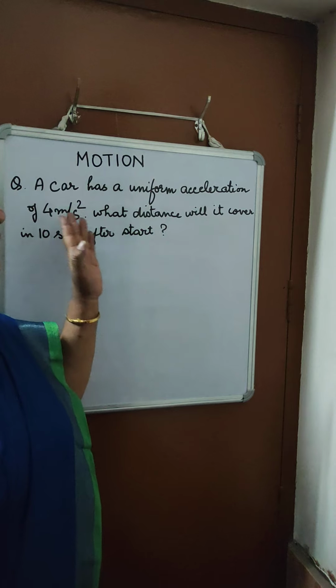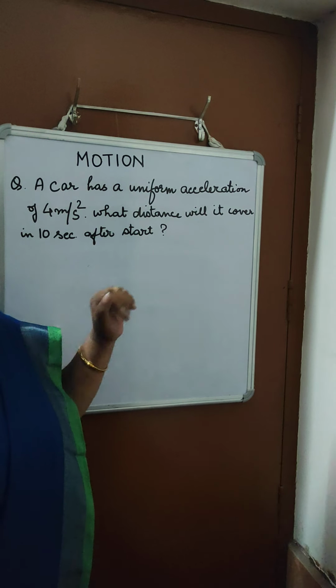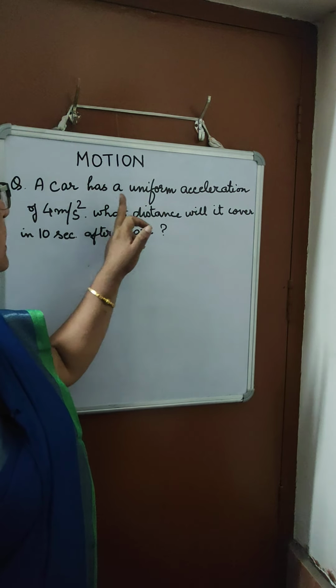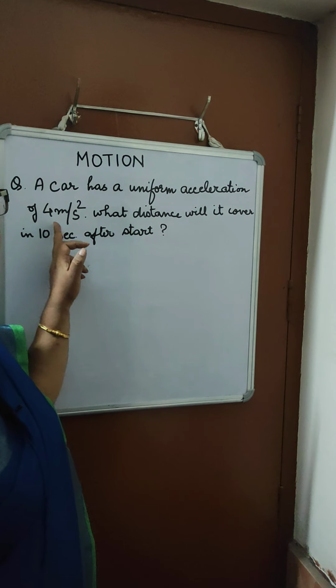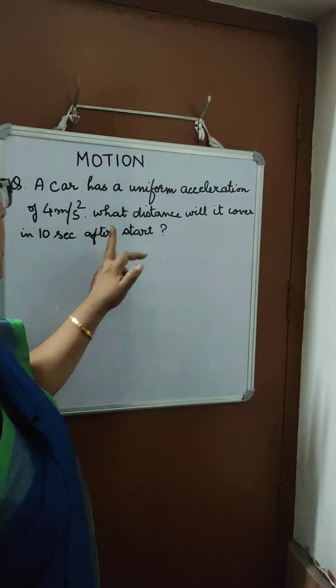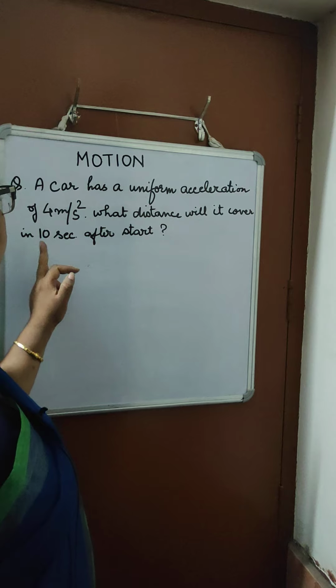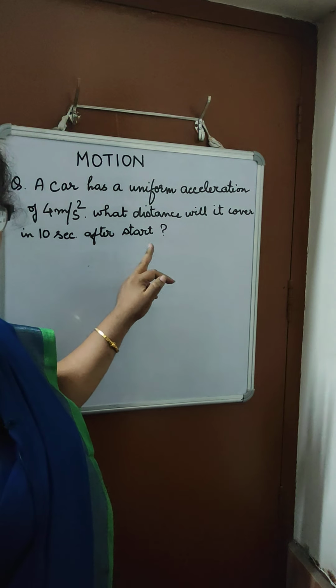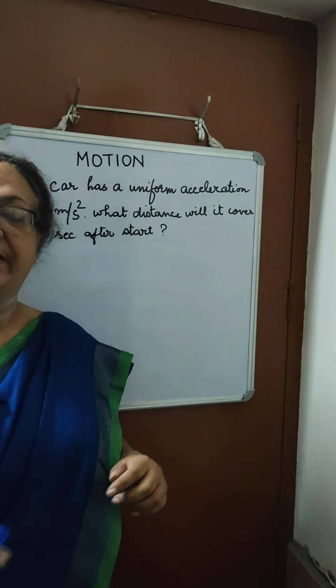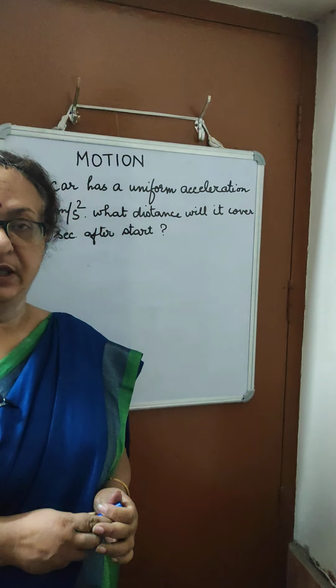Okay, now children, we have a numerical. What is said? A car has a uniform acceleration of 4 meter per second square. What distance will it cover in 10 seconds after start? So first we write what all is given in the question.